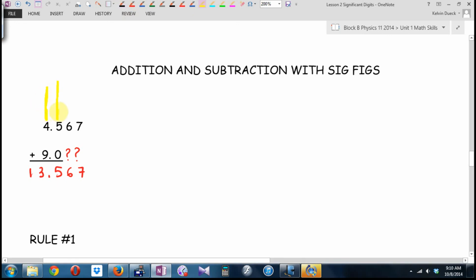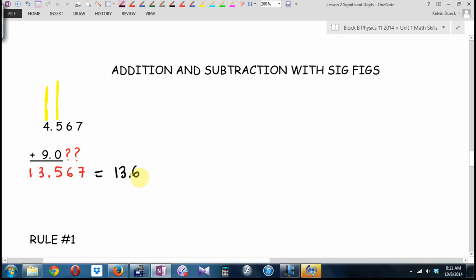I know everything in this column. This is the first column where there's a mystery number, so I'm going to round off to that column right here. You round off as long as you know every number in that column. You keep it. As soon as you hit the first, I don't know what's there, stop, you round off one before. In other words, I'm going to go 13.5 or 6. Okay?